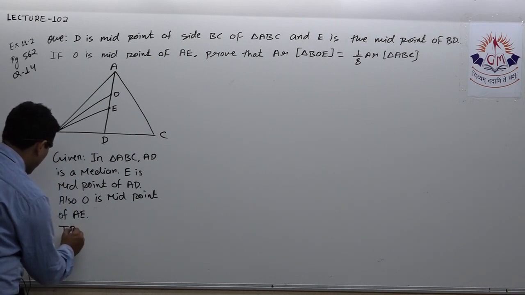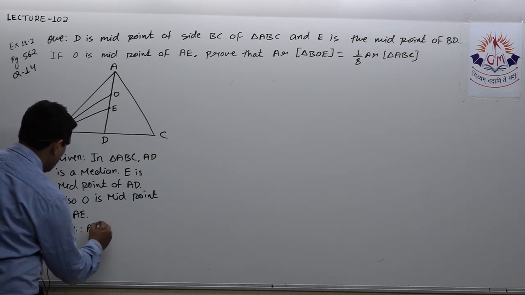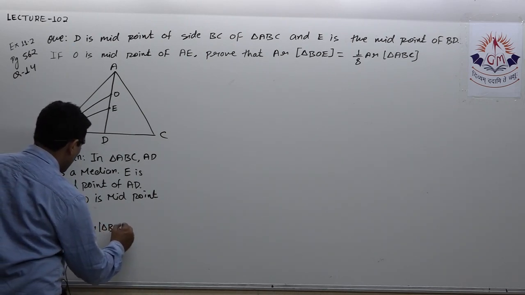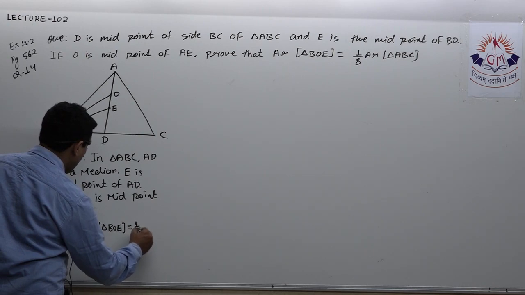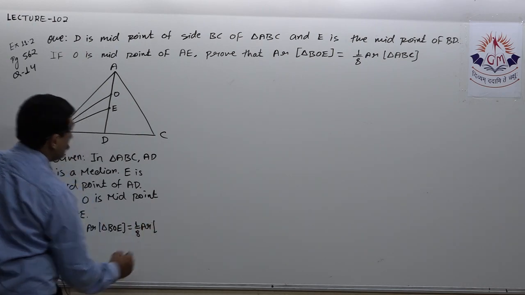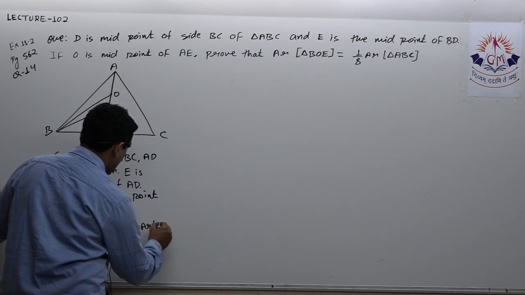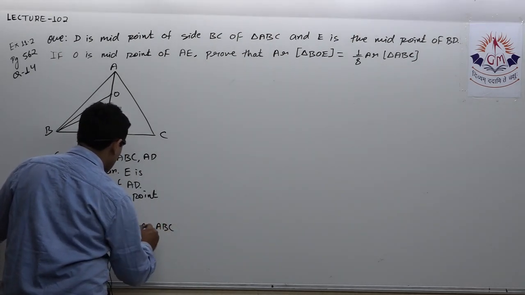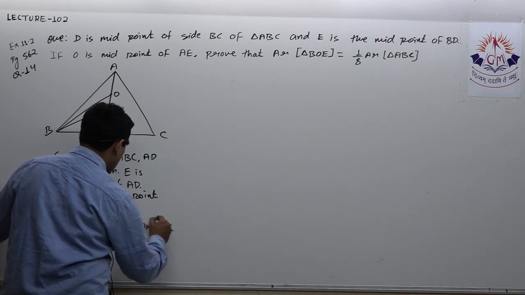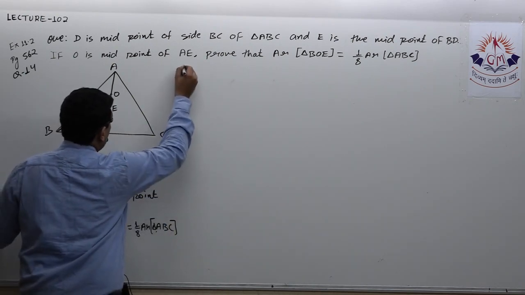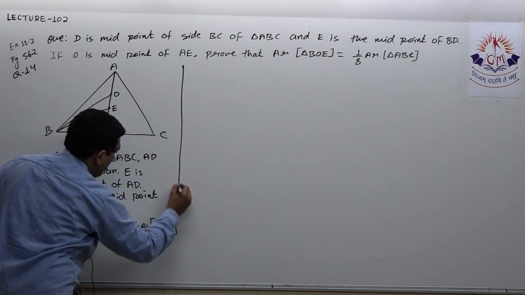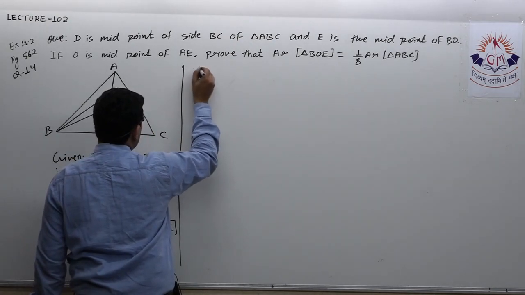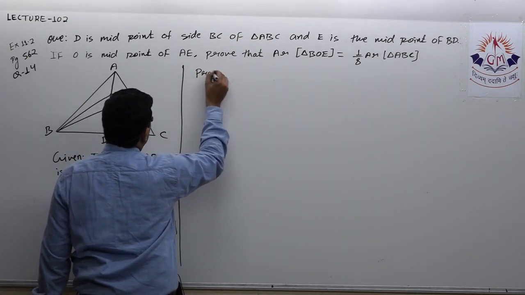To prove: area of triangle BOE is equal to 1 by 8 area of triangle ABC. I will tell you in short, because its solution is not that difficult. So let us see its proof.